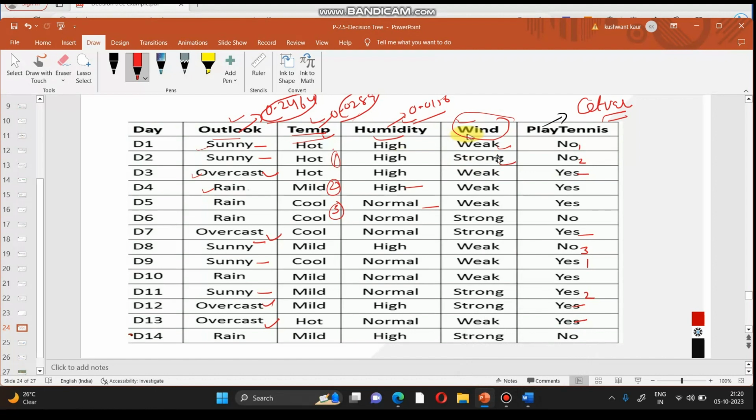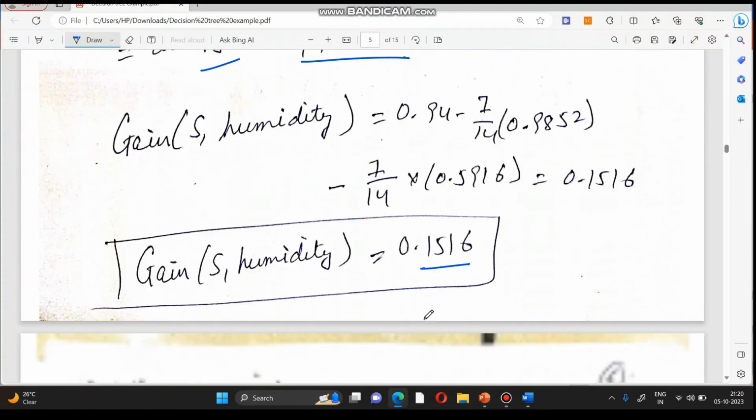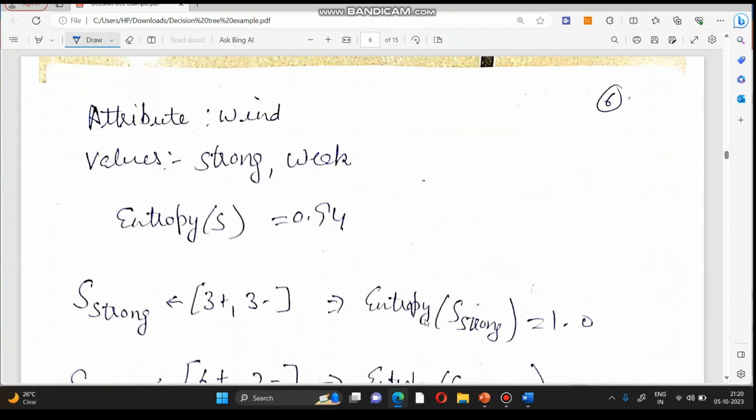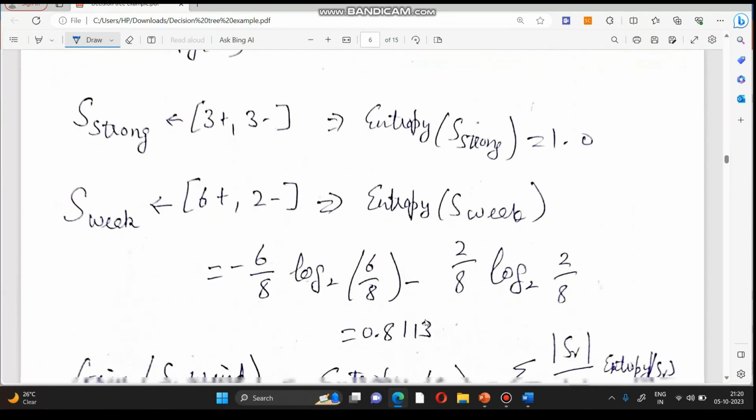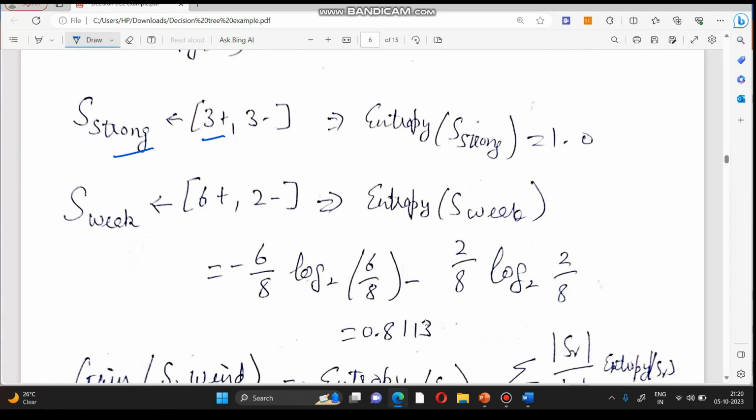Here we will calculate the entropy for weak and strong, and after calculating that entropy we will calculate the information gain for wind. For S of strong, 3 plus and 3 negative, that is 3 yes and 3 no are there, so entropy will remain 1, we need not calculate.